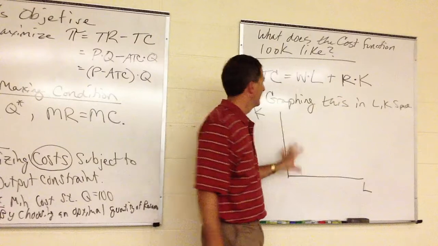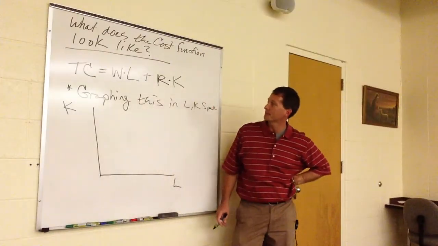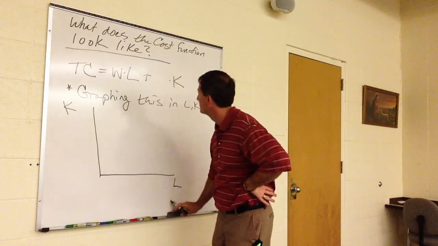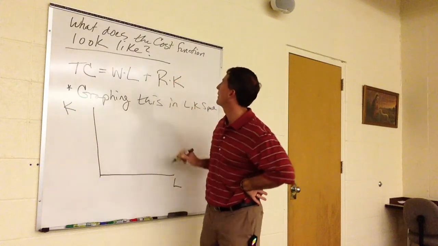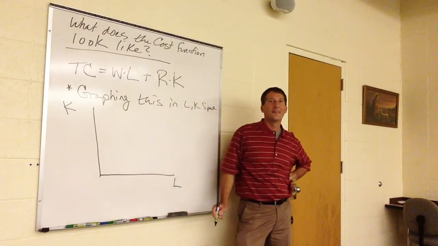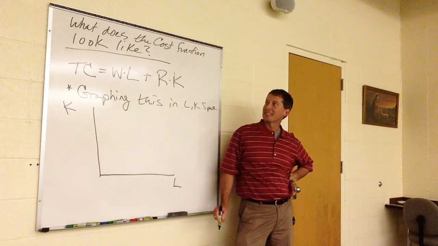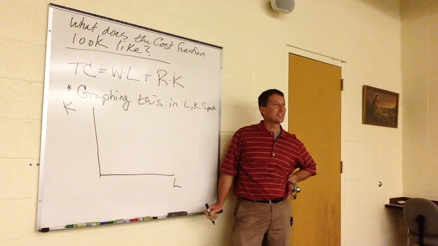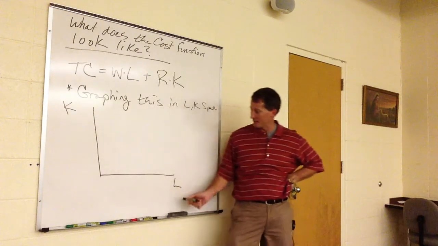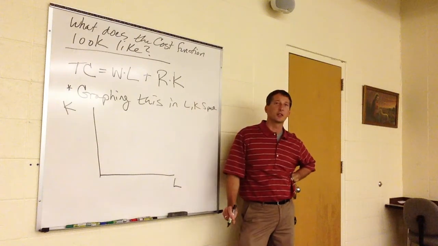What form does it take on? If I've got K on the vertical axis, L down here, what would be a good idea to do to this function?